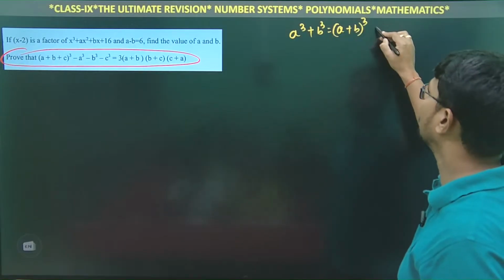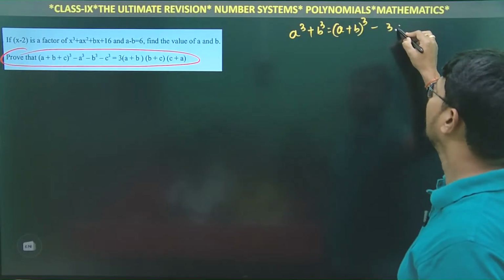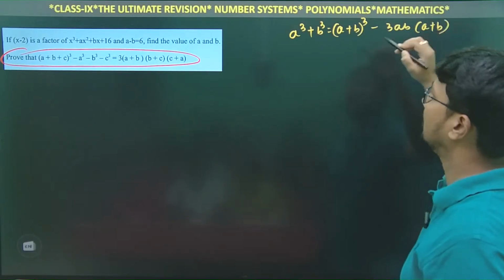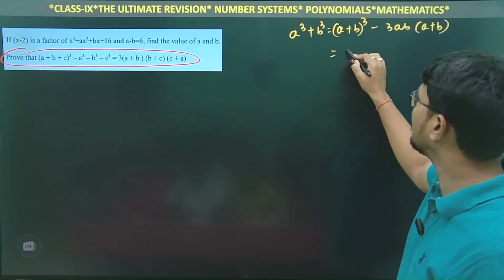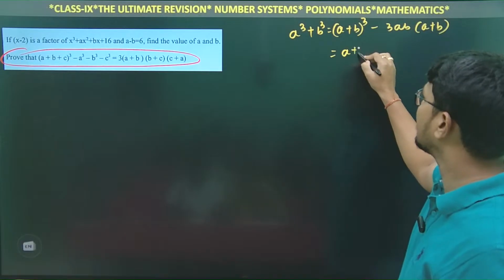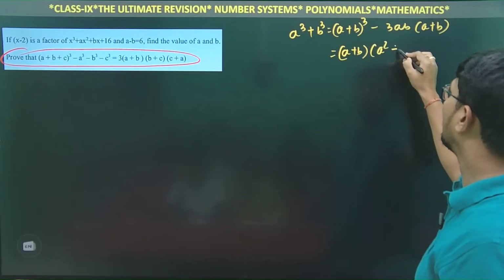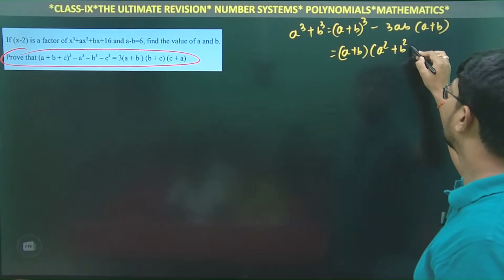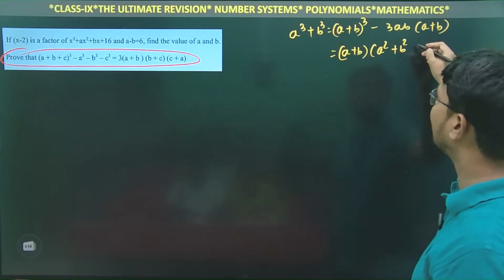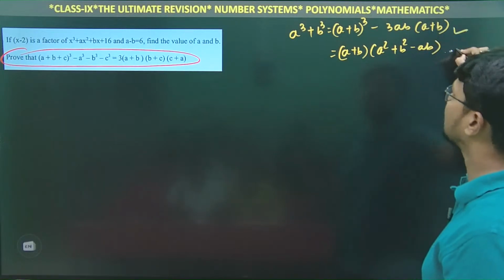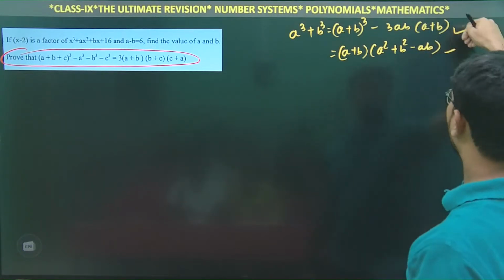A plus b whole cube minus 3ab into a plus b. Or you will use a plus b whole multiplied by a square plus b square minus ab. Which one will you use? This one or this one? The second one. Okay.